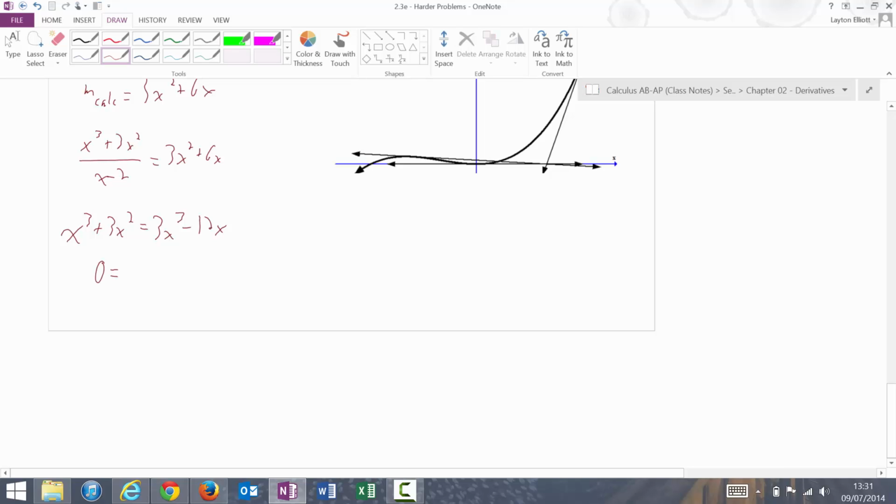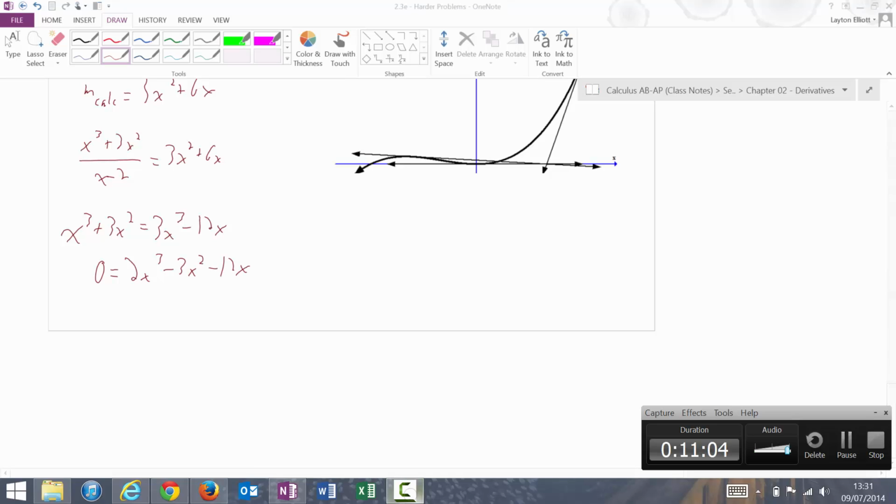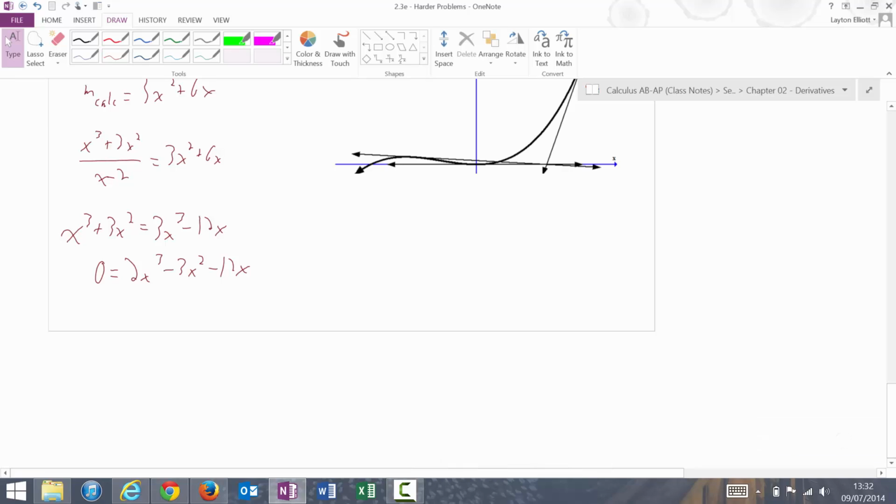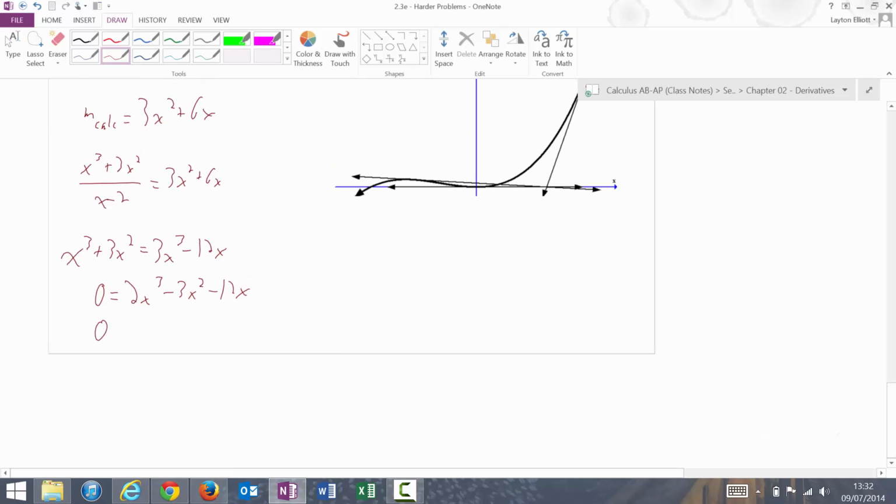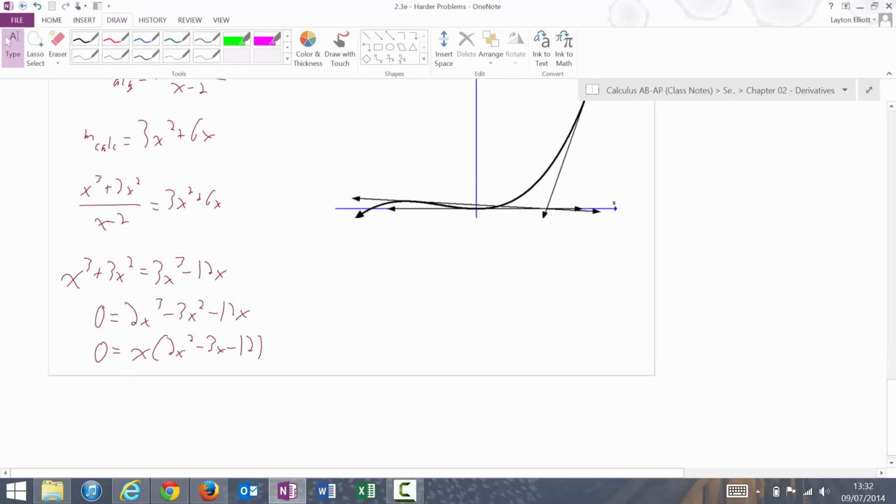Set it equal to 0, I get 2x cubed minus 3x squared minus 12x. Factoring that out, I get x times (2x squared minus 3x minus 12). That can't factor any further.